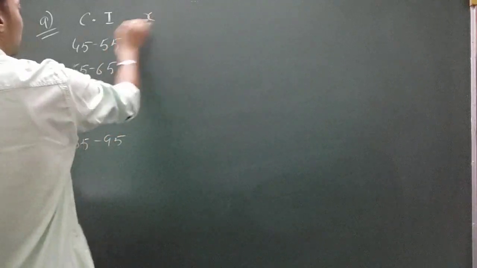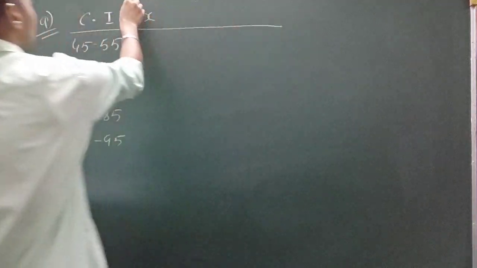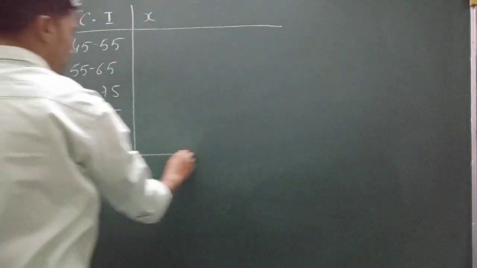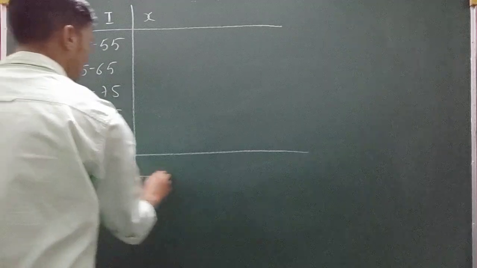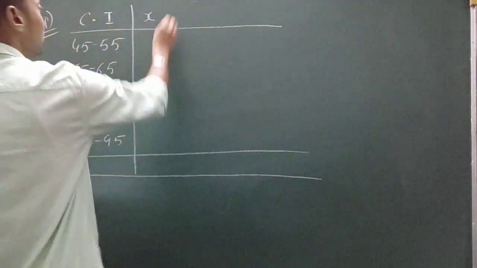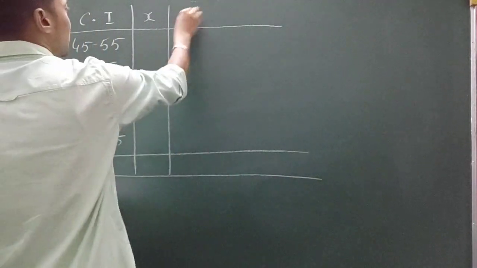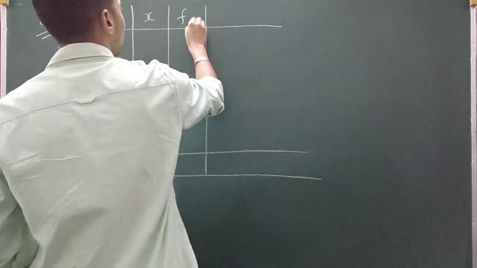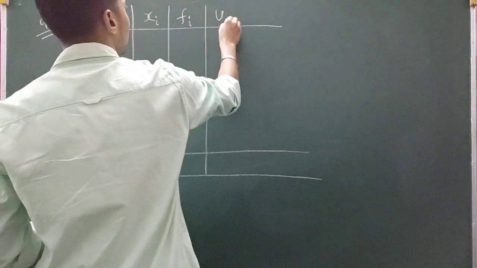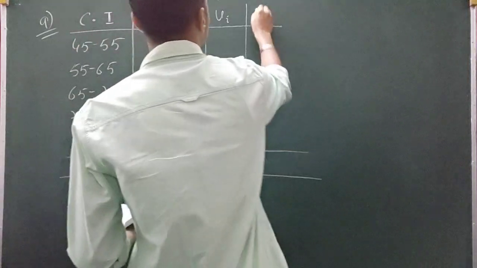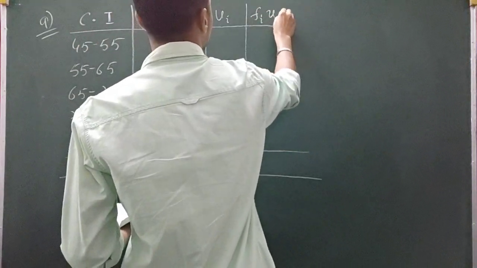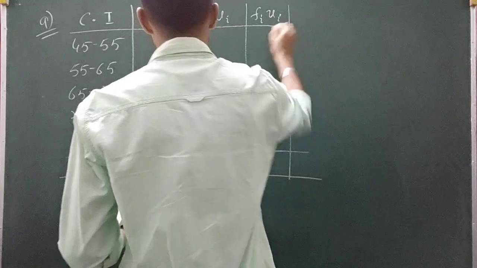So the class mark, then the frequency, then the deviation, then the product of the frequency and the deviation.